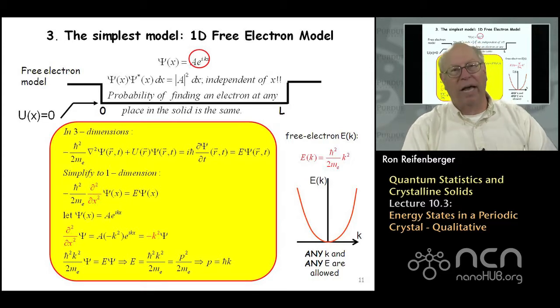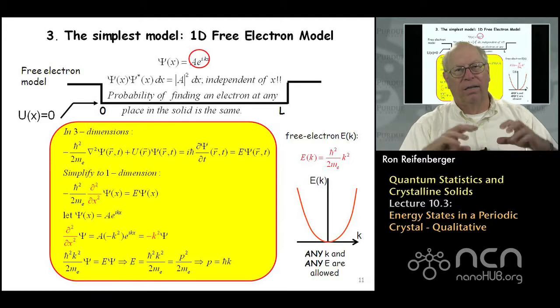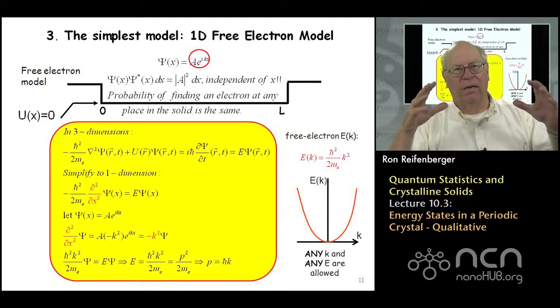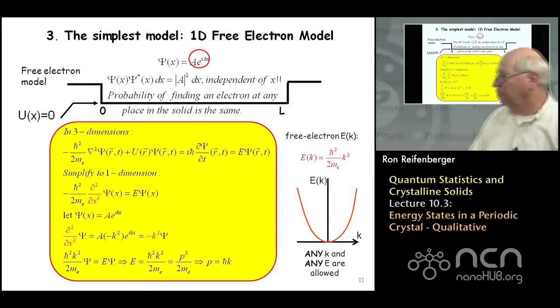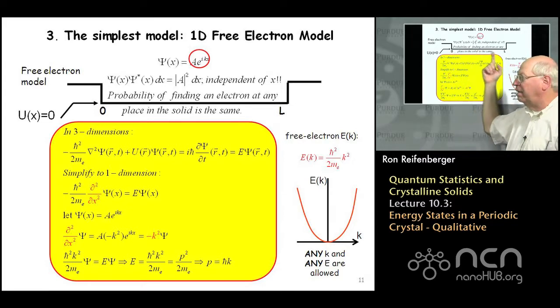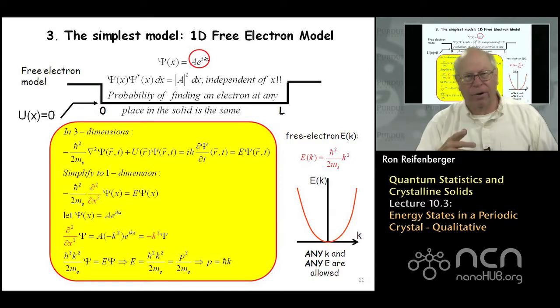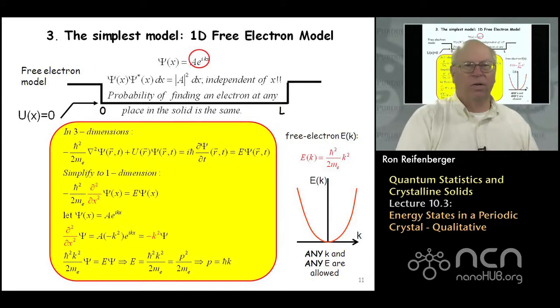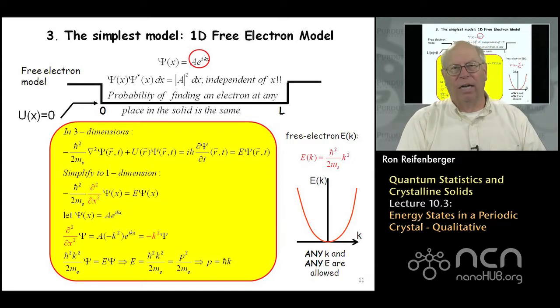We're going to do that by including the effects introduced by the periodic nature of the electrostatic potential energy. So this electrostatic potential energy that's approximated by a constant value is going to be replaced by a periodic potential that more closely resembles what we've sketched in some of the previous slides in this lecture.